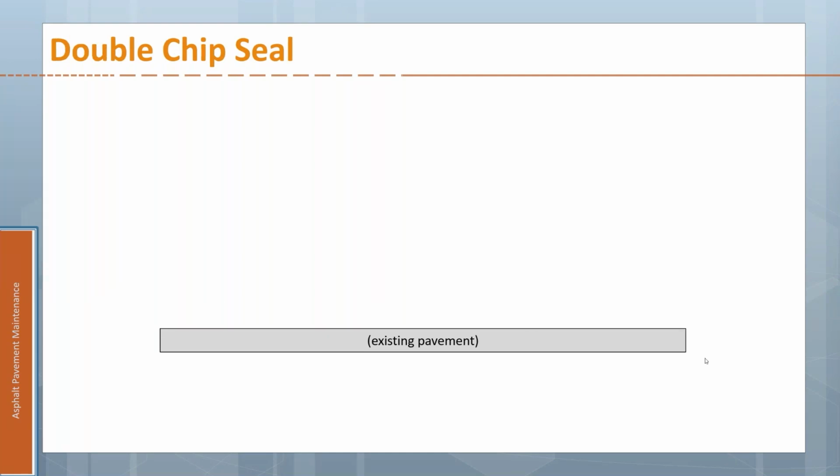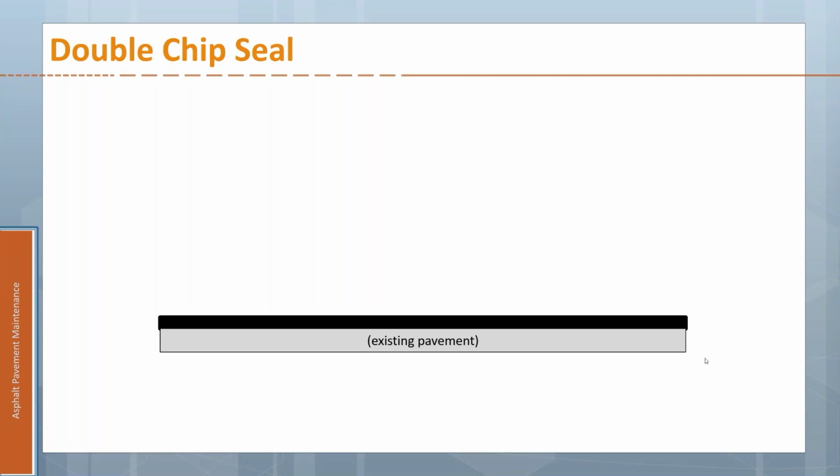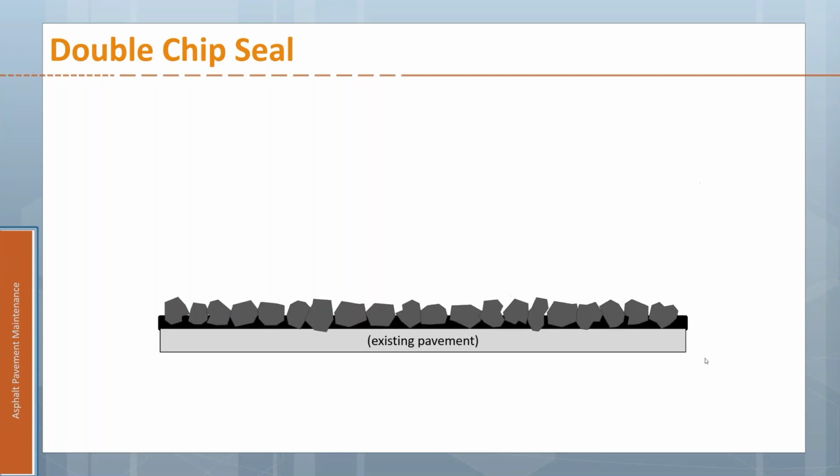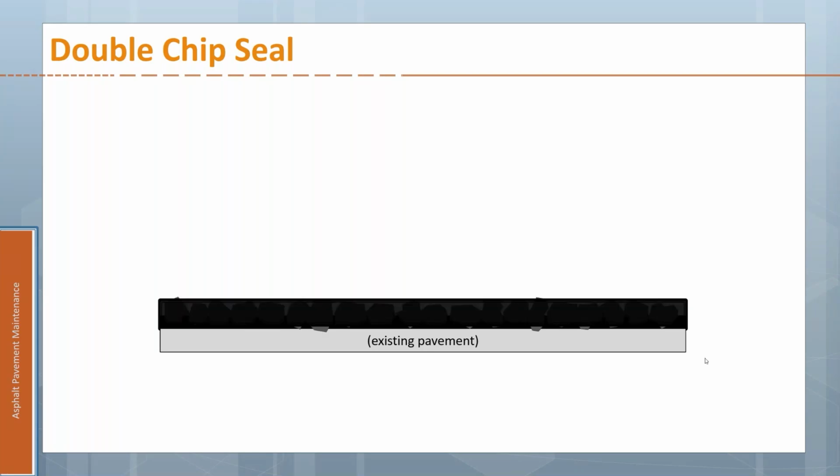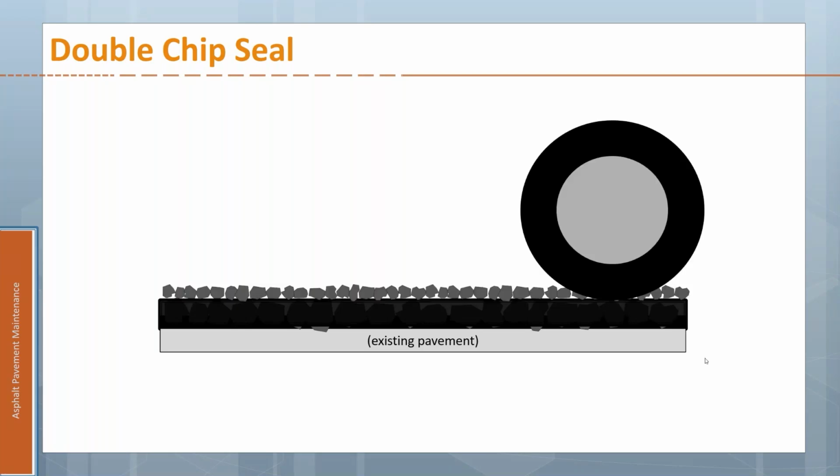Now a double chip seal, we have that existing surface, and then we add oil, we add rocks, we roll that in, and then we come back with another layer of oil or emulsion. We put that over the top, and then another layer of rock.